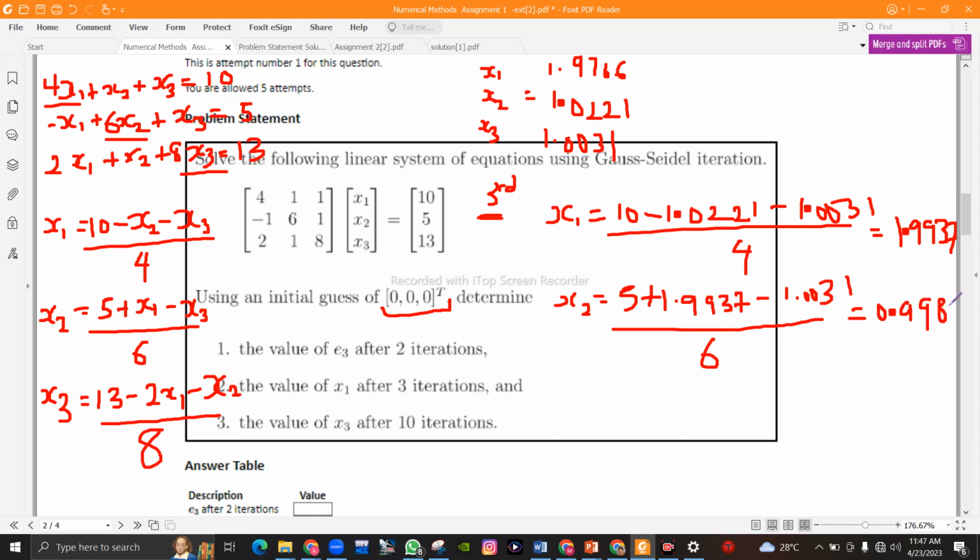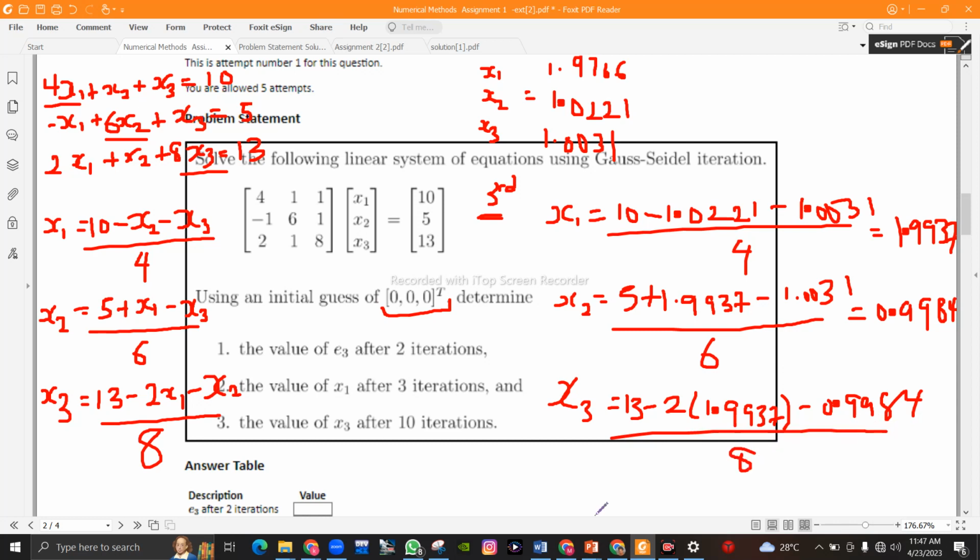You can confirm all this calculation, and x3 will be equal to 13 minus 2x1, and our x1 is the new one, 1.9937, minus x2, which is 0.9984, divided by 8.